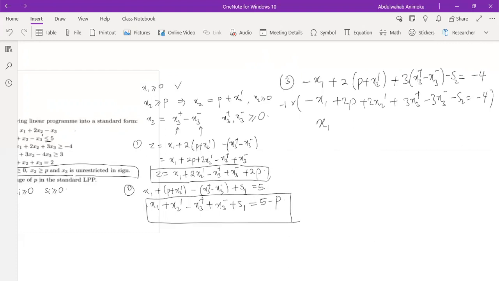We now change the sign to x1 minus 2p minus 2x2 prime minus 3x3 plus 3x3 minus plus s2 equal to 4. So rewriting this for the last time and taking minus 2p to the other side, I have this.